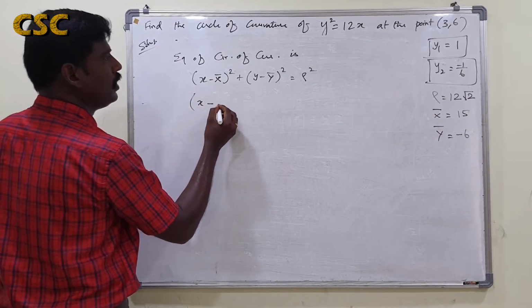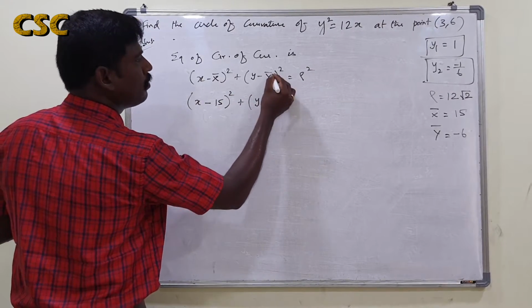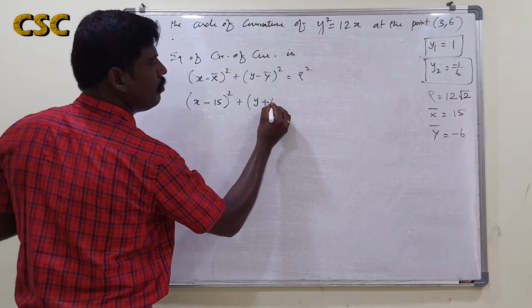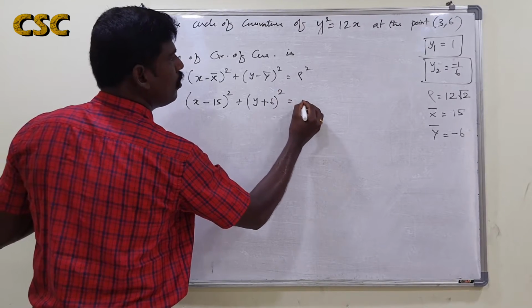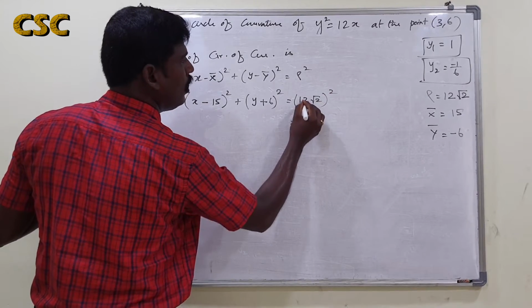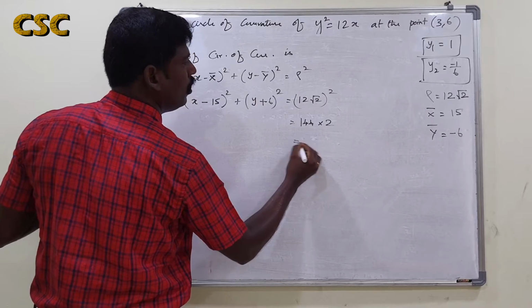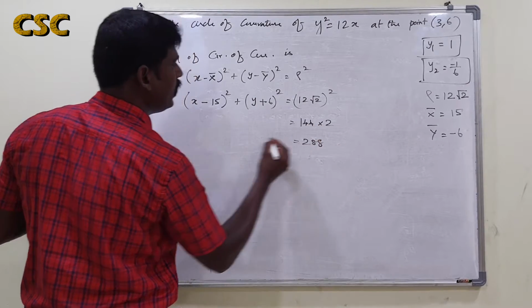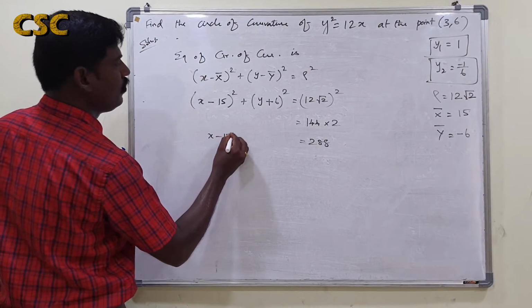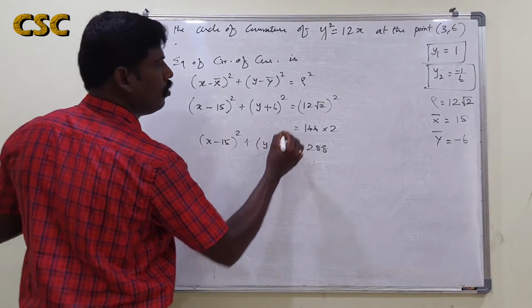So x minus x bar is x minus 15 the whole square plus y minus y bar is y minus minus 6. So minus minus will become plus, 6 the whole square is equal to rho, 12 root 2, the whole square. What is this value? 12 square is 144 into root 2 square will become 2. And 144 into 2 is 288. So x minus 15 the whole square plus y plus 6 the whole square equals 288.